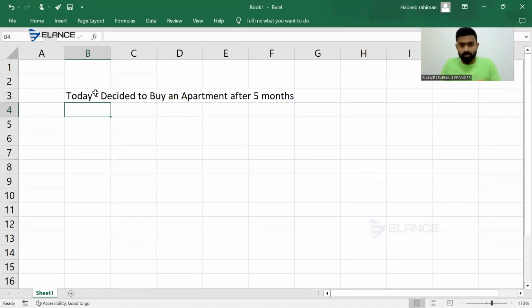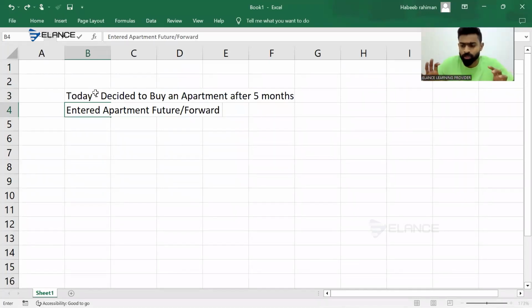Today we went to a builder and we entered into a contract. Today itself we entered into an apartment future or forward contract. You can say future or forward.